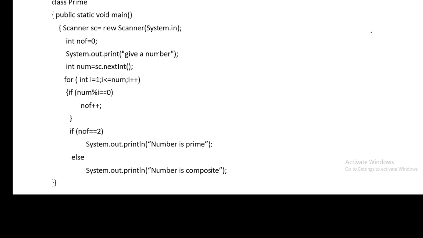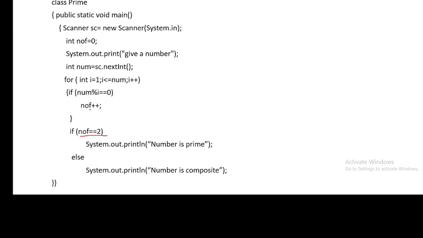Now this program is for prime numbers. Again for prime numbers we can apply this logic: we calculate the number of factors, and when we have these factors, we check if the number of factors is equal to 2, because we know a prime number has only 2 factors, 1 and itself. So whenever we get a number as a factor, we increase the counter by 1.